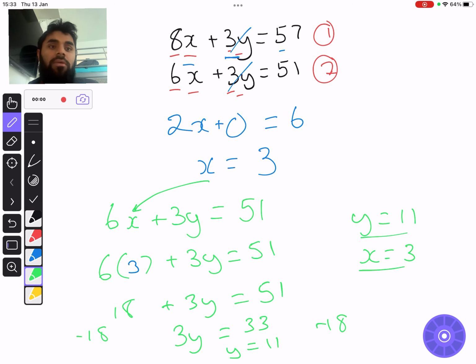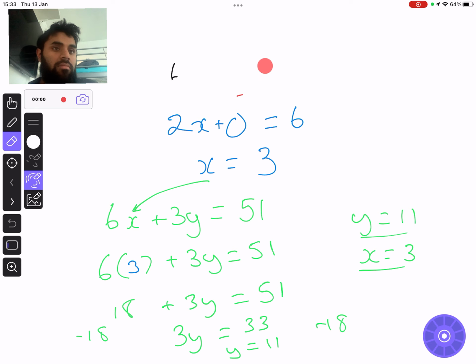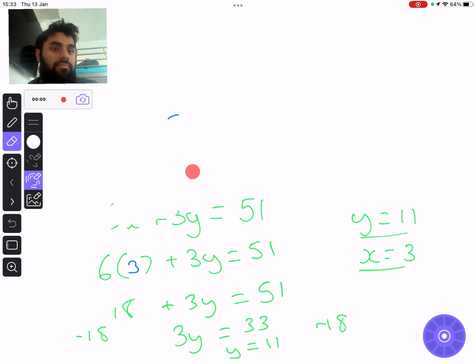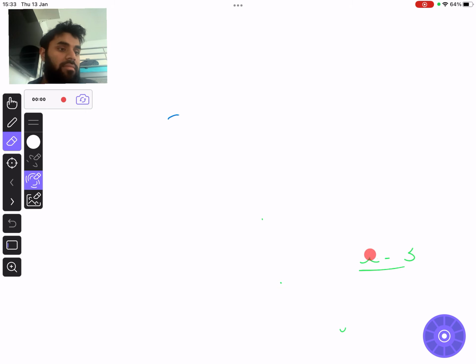So I'm now going to use a different example. The next example I will use is slightly different, and I want you to identify what is different about these two equations.